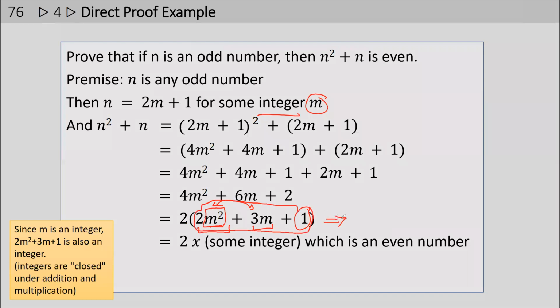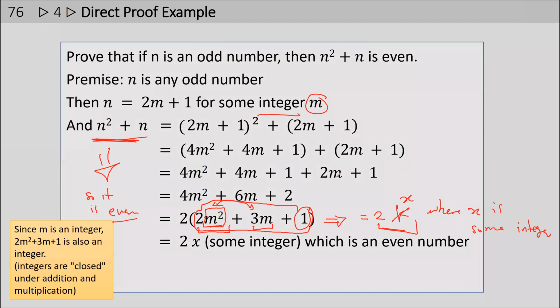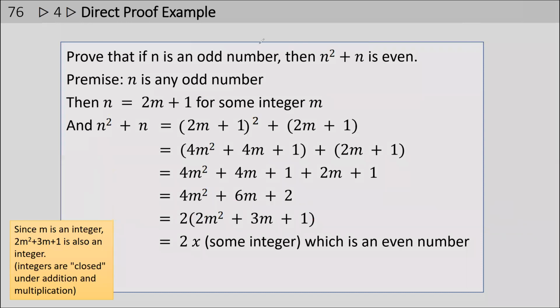So you can just say this is twice k or twice x, where x is some integer, which means that n squared plus n has the form of an even number, so it's even. So now we used the direct proof mechanism to prove what we want to prove, okay?